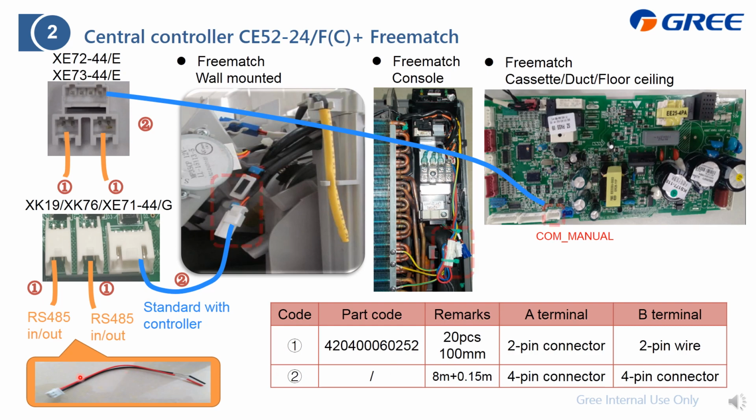This pin is perfect for this socket, and the other end is already peeled out, which is easier for you to do the connection. As for this number 2, which is from this 4 pin from the wire controller to the indoor unit, this wire is standard with the controller.